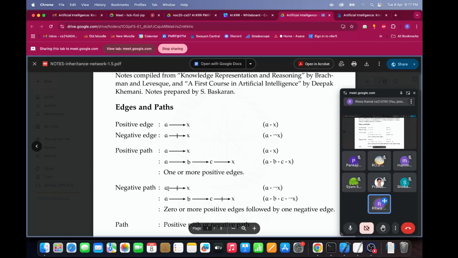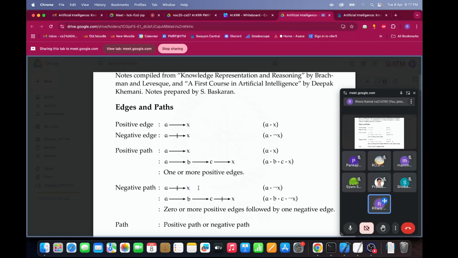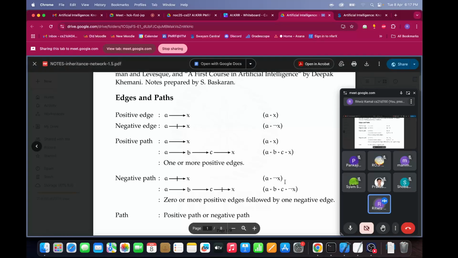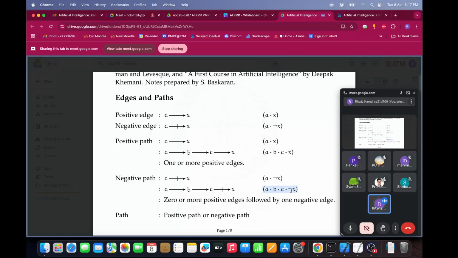So a single particular negative edge is also a negative path, and a set of positive edges followed by a negative edge is also a negative path, and it has its corresponding representations as well as given over here.